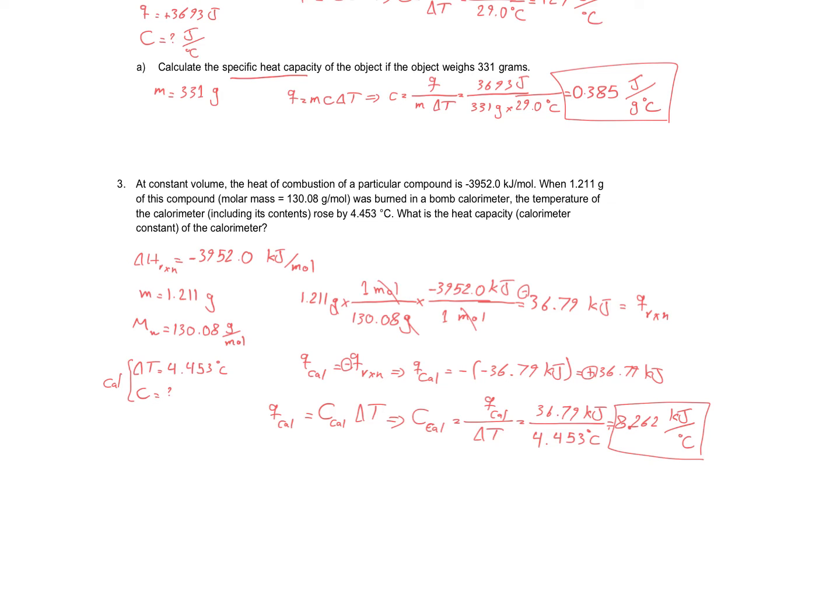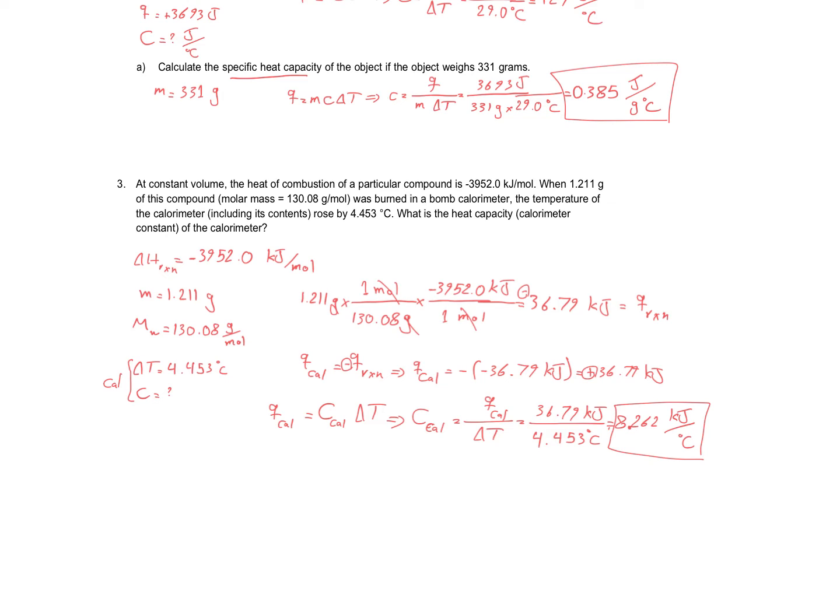First you want to find how much energy was released from burning that compound. So we know the enthalpy, and the enthalpy is per mole, but we don't have a whole mole. We just had 1.211 gram of the compound. So to find the amount of energy, we start with the mass of the compound. You do some conversions.